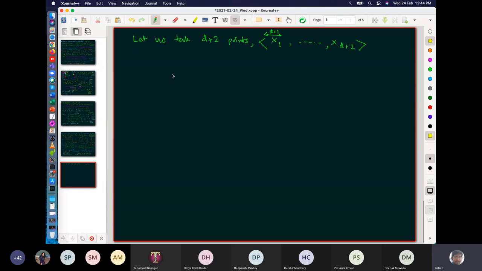Yes or no? Agreed? Yes. Therefore, for a particular j, we must have a linear dependence with respect to all other d plus 1 number of xi's. Agreed or not?